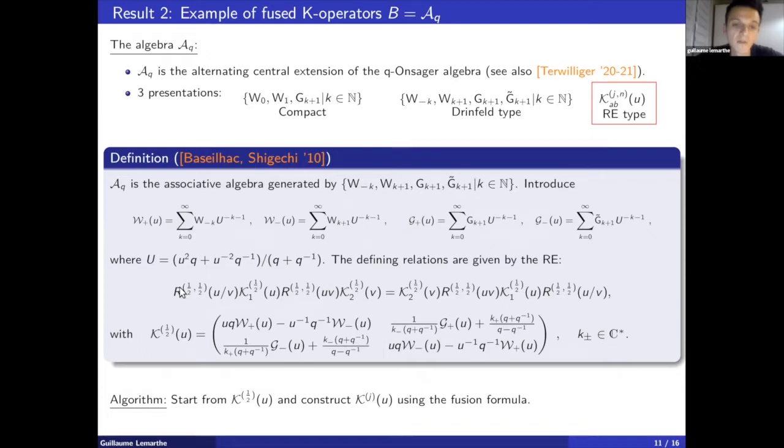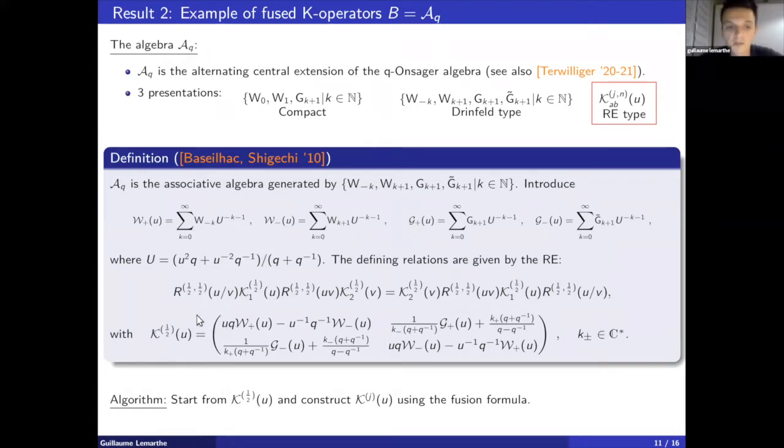So you have, as usual, the RK equation. R here is the XXZ R matrix given at the beginning, and the K operator here has this form. So it's linear in the currents, W plus minus of u and G plus minus of u. And this is a representation of this Aq algebra.